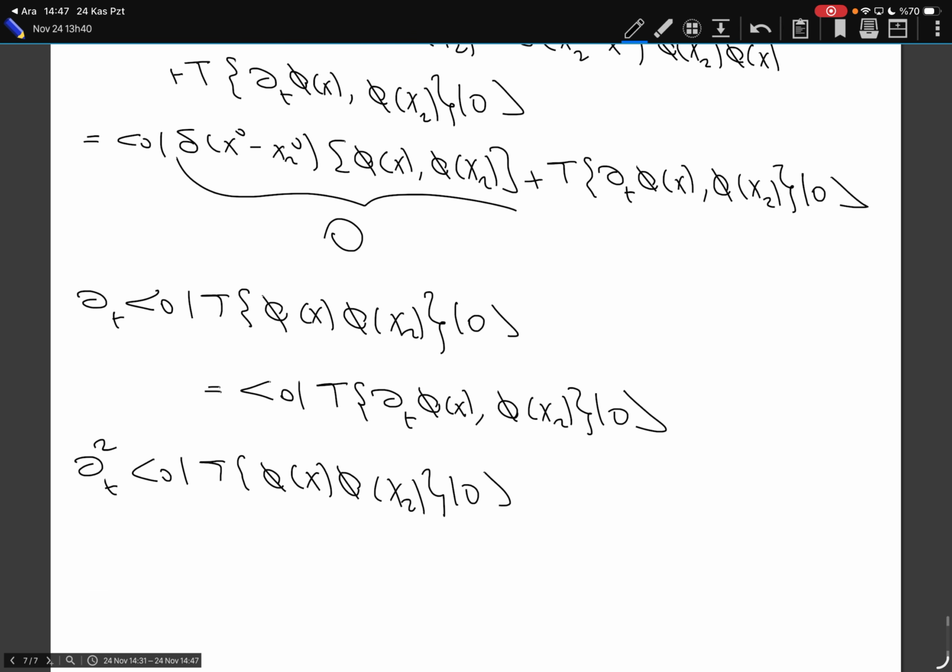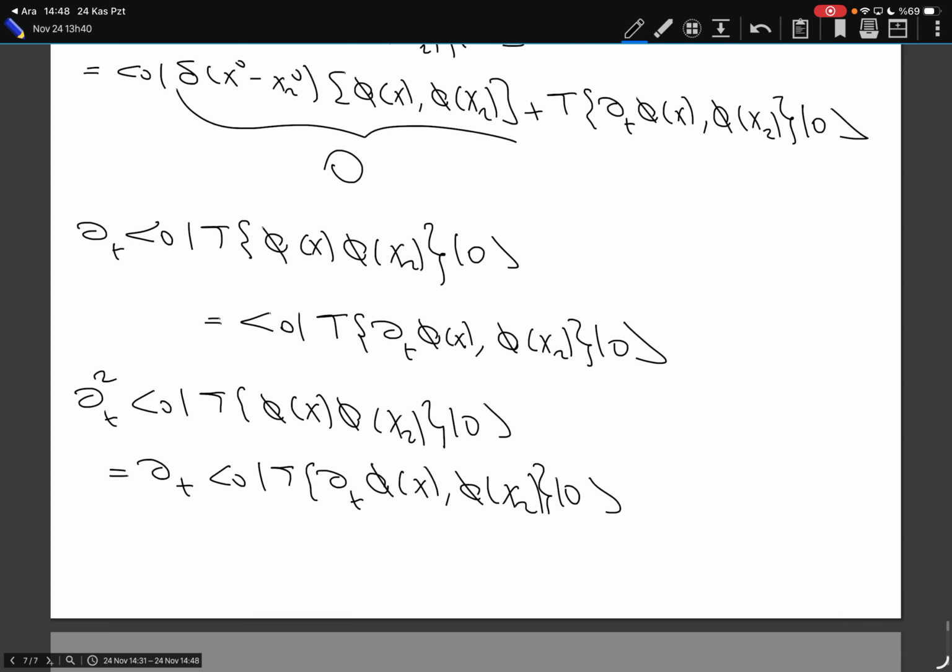I will skip some steps. I took the first derivative. Now the second derivative would just give me the equal time commutator. They vanish. Plus, just move the derivative inside.